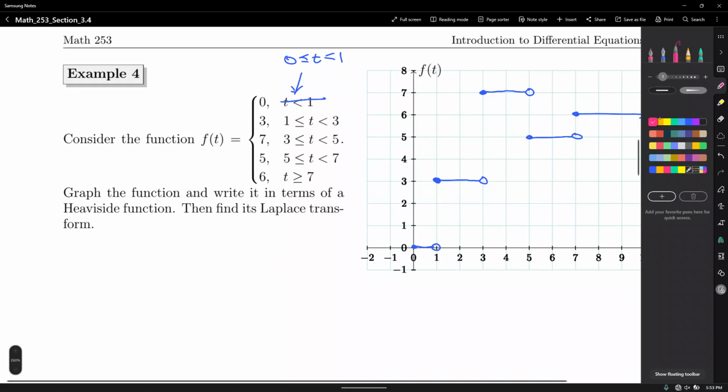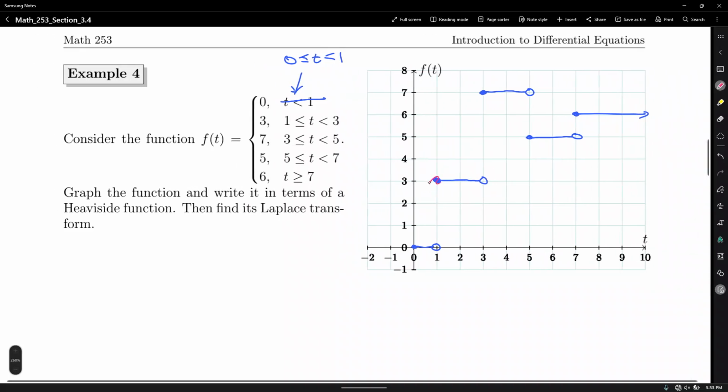Number one, we have a jump of plus 3 units, and then another jump of plus 4 units. And then we have a loss of minus 2, and then a plus 1. Are you guys following me with these jumps and ups and downs?